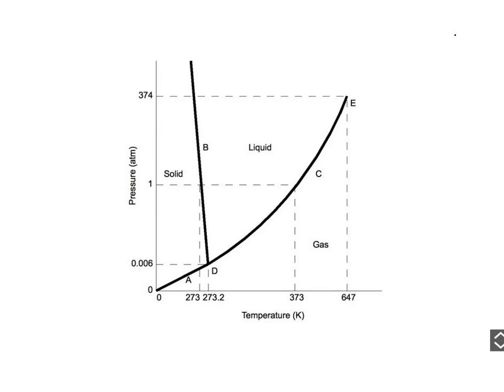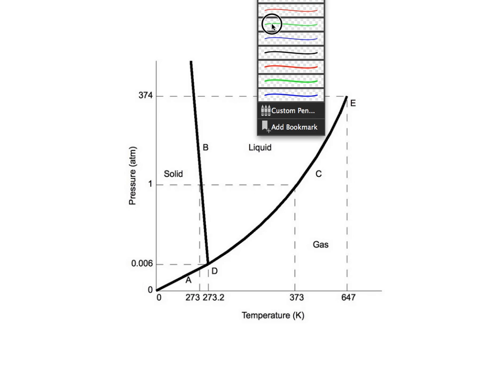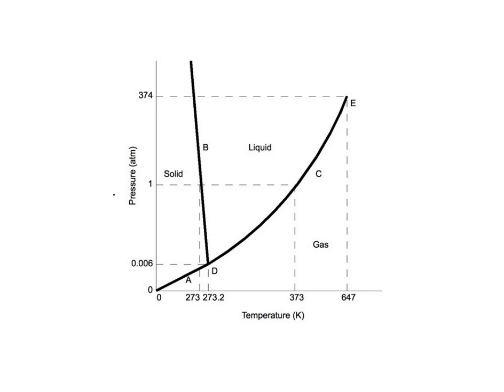So this is from the lecture notes, and what you can see here is that we have pressure on the vertical axis, and we have temperature on the horizontal axis. Now notice that the units of temperature are a little bit different here, and I'm just going to quickly make a little notation about that.